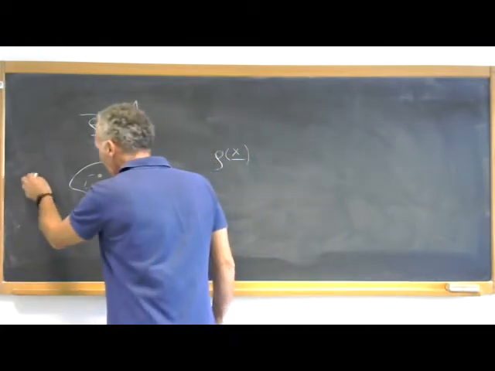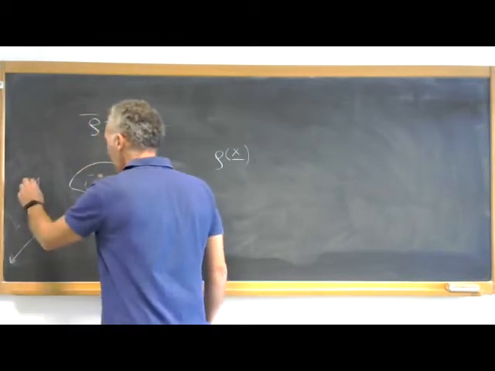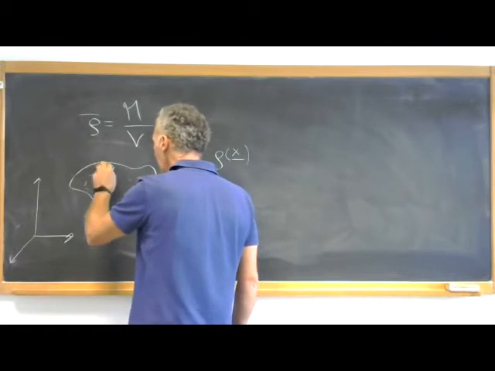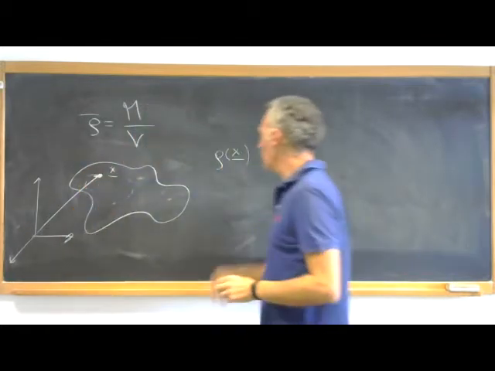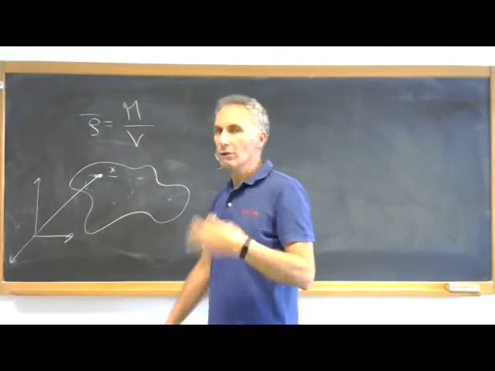So if this is my reference frame, and I focus on this point, this would be the position, and then I would like to know what is the density at this point. So what do I do?